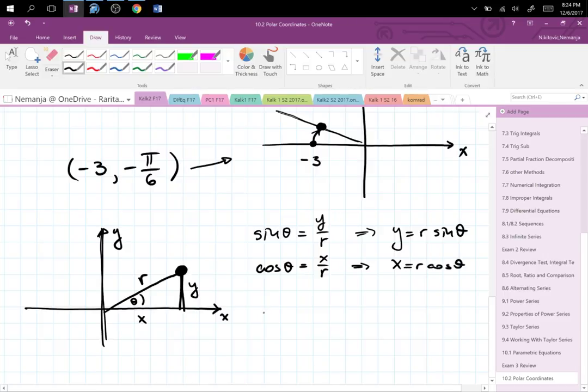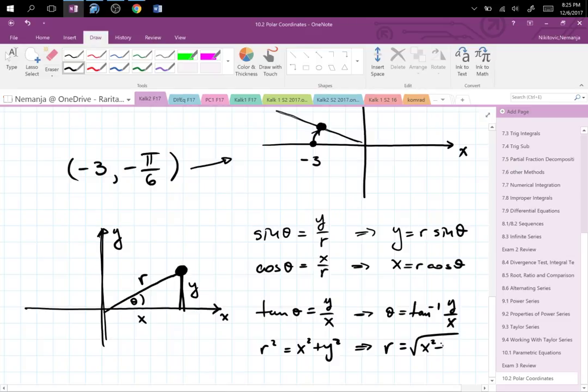The next formula is tangent theta, which is opposite over adjacent, so it's y over x, from where I can write that theta is equal to tangent inverse of y over x. And finally, I can write Pythagorean theorem that r squared is equal to x squared plus y squared, from where I can write that r is equal to square root of x squared plus y squared.